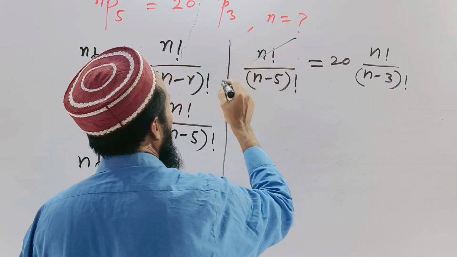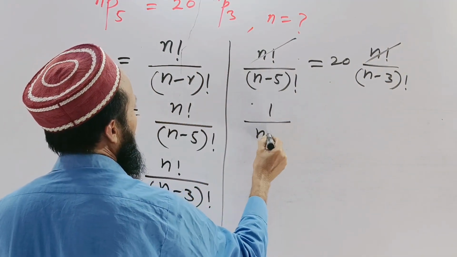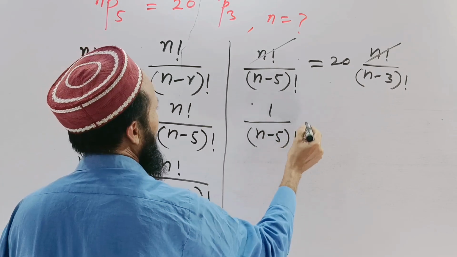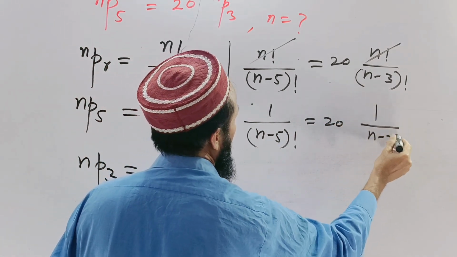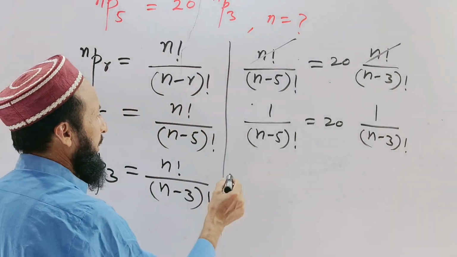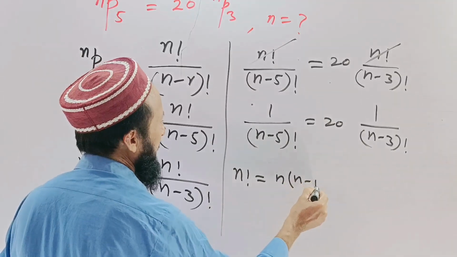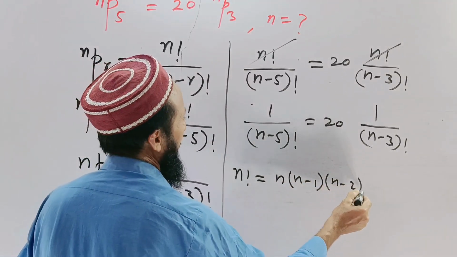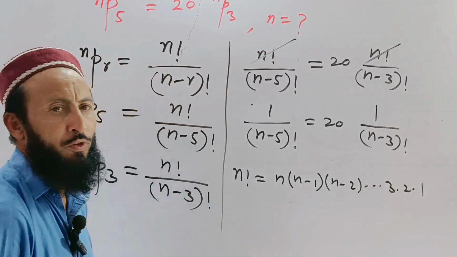Here n factorial will cancel on both sides, and we get 1 divided by (n minus 5) factorial is equal to 20 times 1 divided by (n minus 3) factorial. Now according to another rule, n factorial is n times (n minus 1) times (n minus 2) and so on down to 3 times 2 times 1. That is the general rule for the factorial.